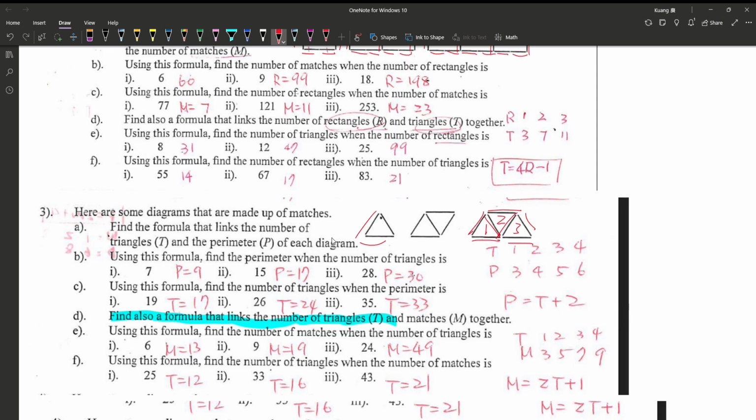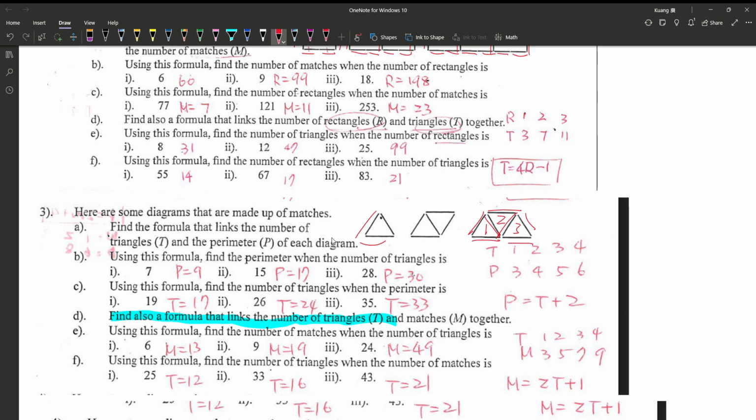However, you can see each time when T increases by 1, M increases by 2, by 2, by 2. That means you should put the coefficient of T as 2. Because when T increases by 1, M increases by 2, you should put the coefficient of T as 2 here.